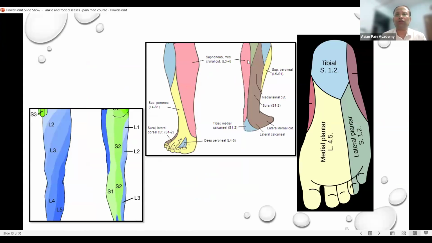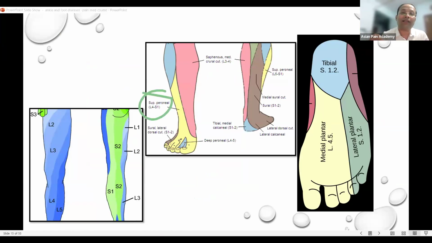So just for understanding purposes, when a patient comes with some entrapment neuropathy of these nerves, how will the patient present? You can see the lateral side is supplied mainly by the superficial peroneal nerve.